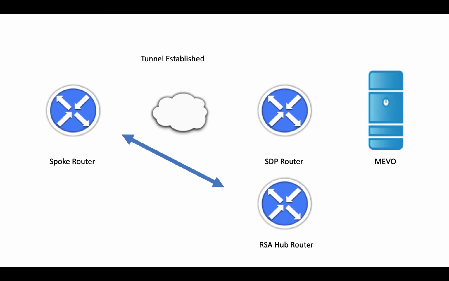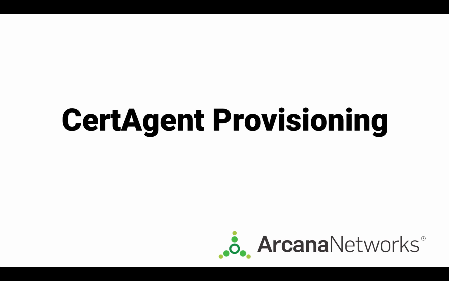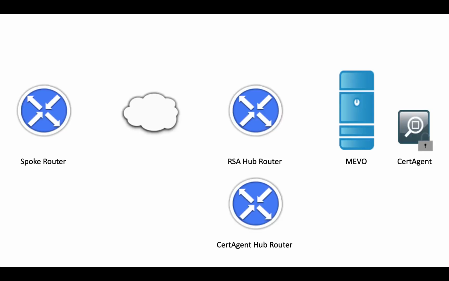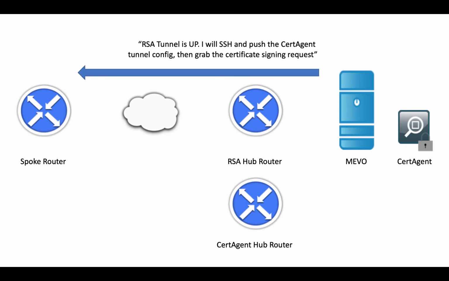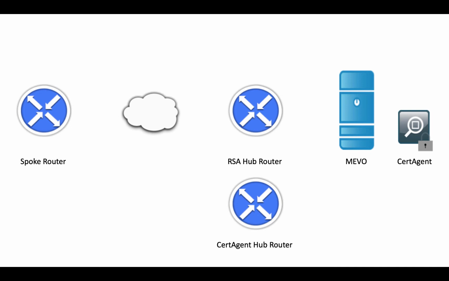For you special CertAgent viewers out there, we'll call this first step our staging network. So once MEVO has a DMVPN tunnel going up to our RSA hub, that is our staging network. MEVO will then use that tunnel to SSH to your spoke router to generate a certificate signing request, as well as push the configuration to connect your spoke router to your CertAgent hubs.